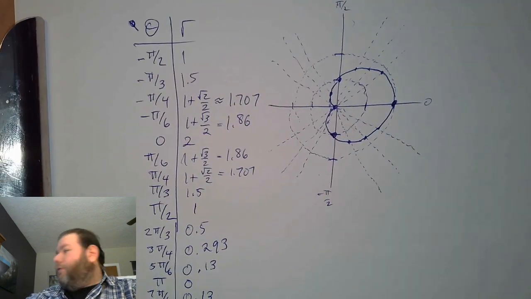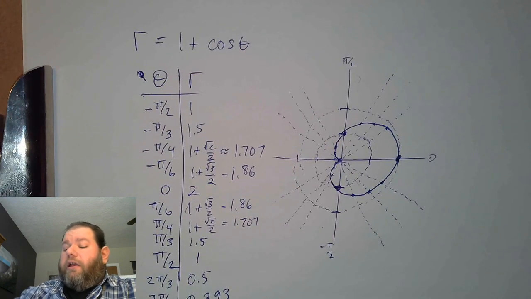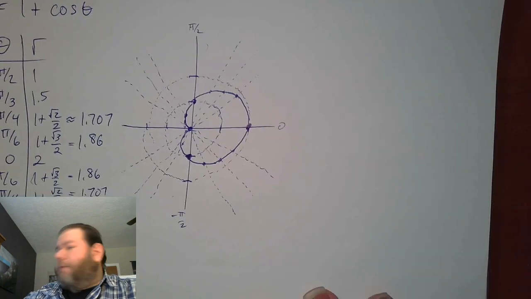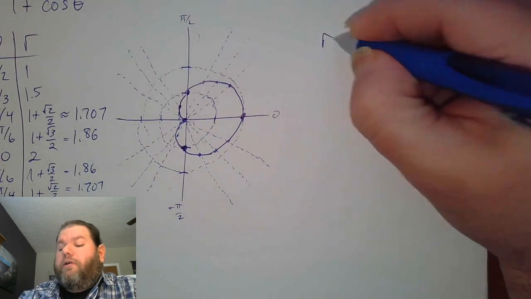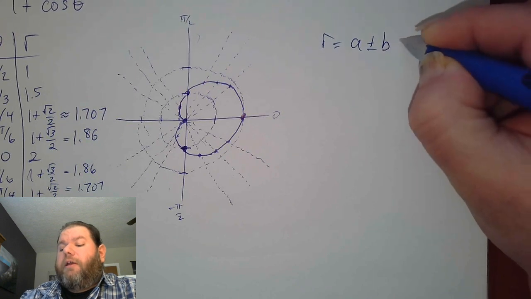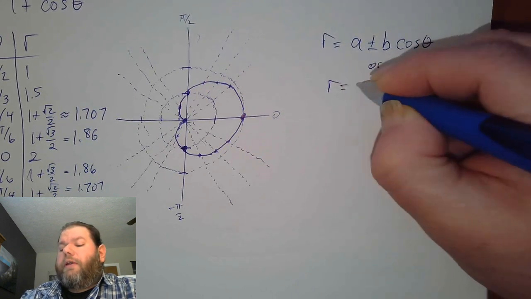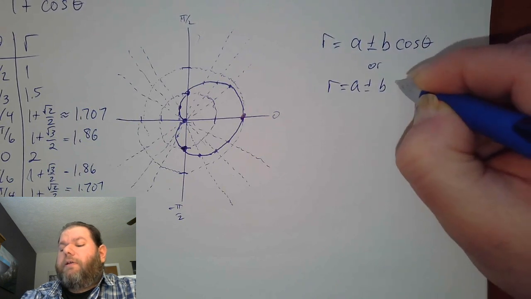Now, this type of graph, and I like to classify this type of graph in the form r equals a plus or minus b cosine theta, or r equals a plus or minus b sine theta.